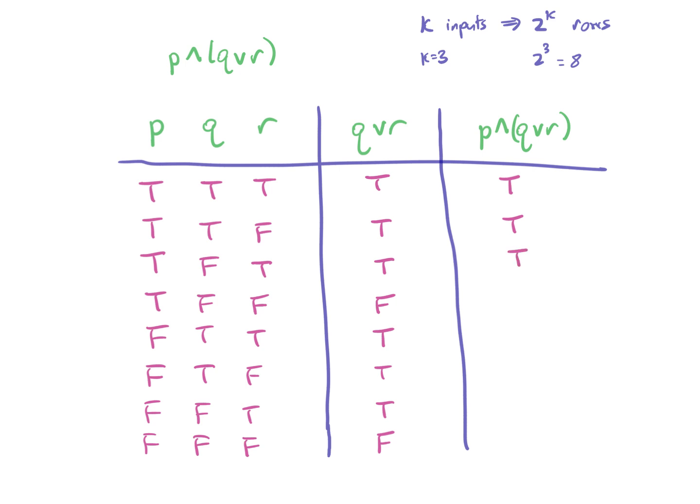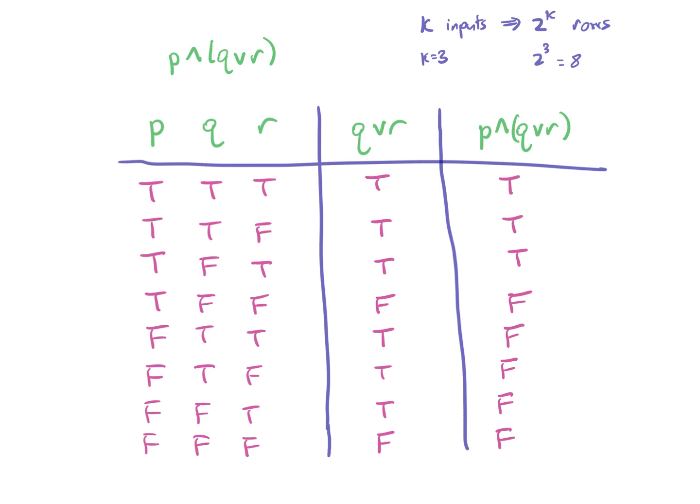But then if Q or R is false, then the conjunction cannot be true. I'm going to have a false here, even though P is true. Similarly here, when P is false, I cannot ever have P and Q or R be true. And so that completes my truth table.